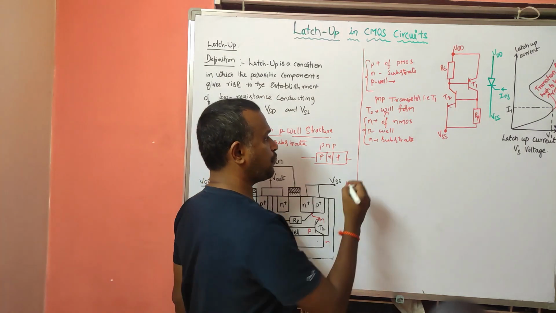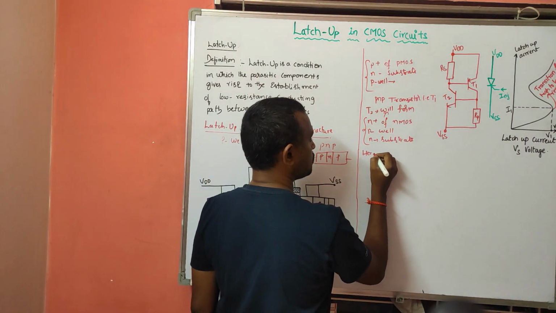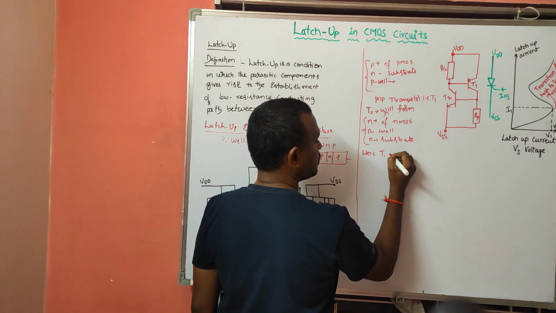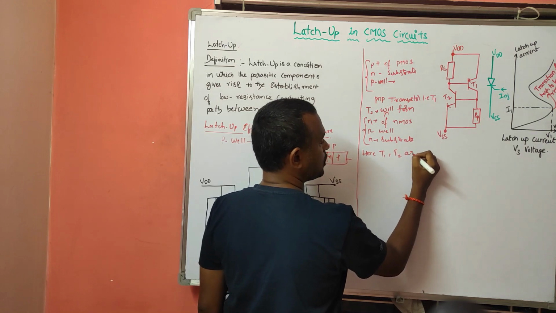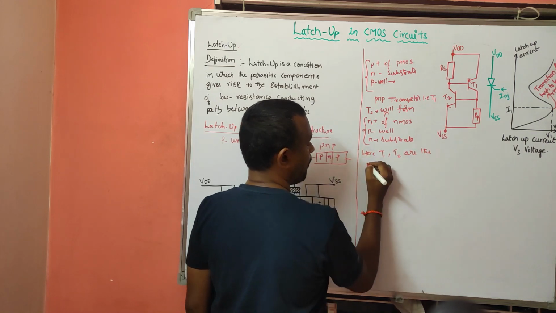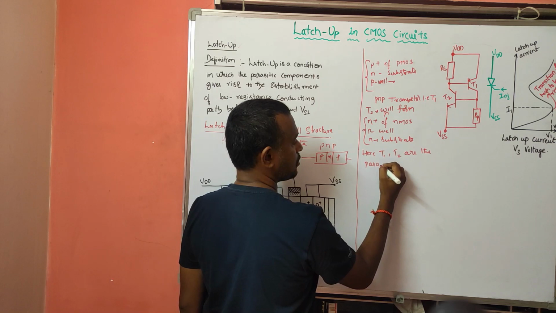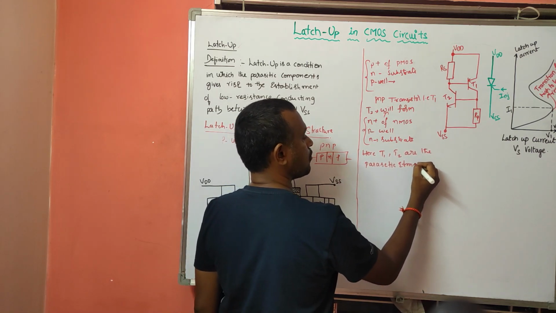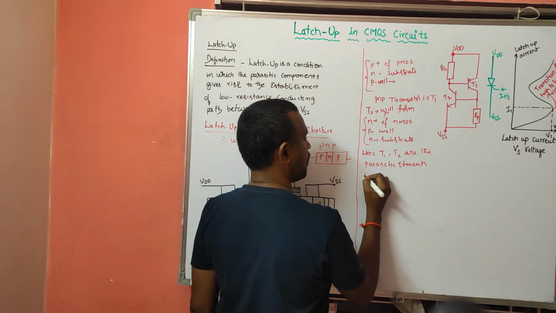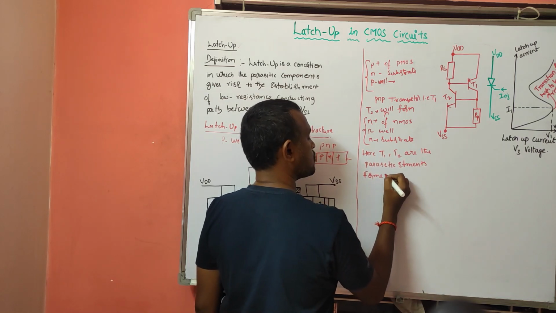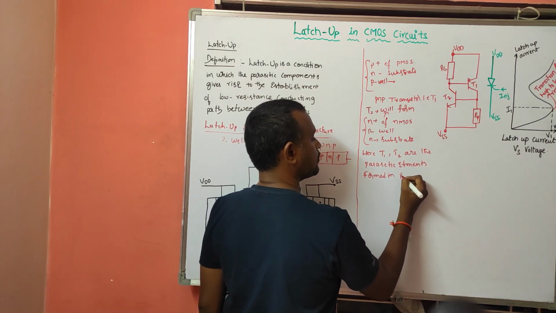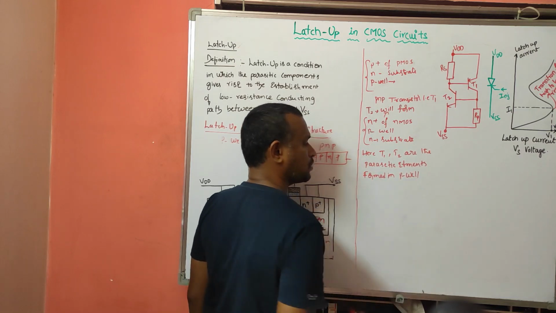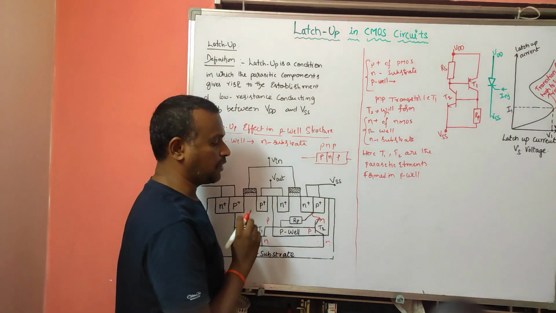Therefore T1, T2 are the parasitic elements formed in the P well structure.